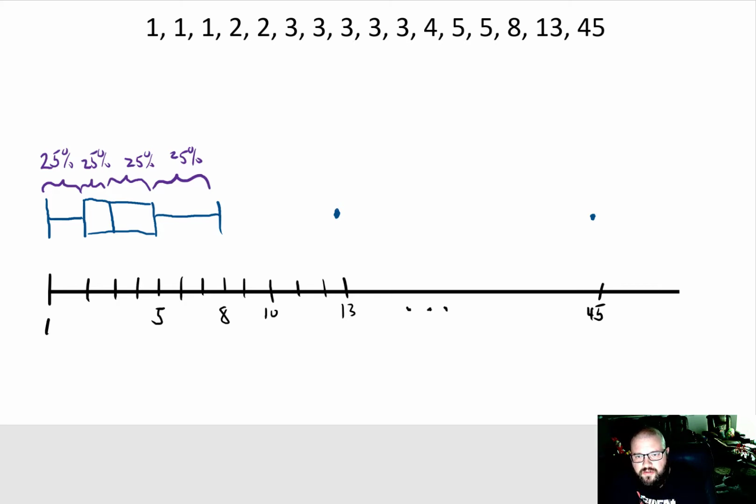Each one of those brackets, or gaps, between the min and Q1, Q1 to median, median to Q3, and Q3 to max, is going to be worth 25%. That's what's pertaining to how much data is being held between those values.